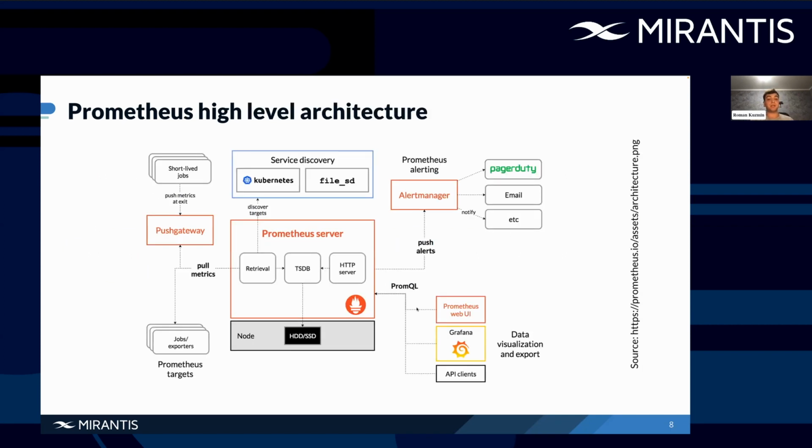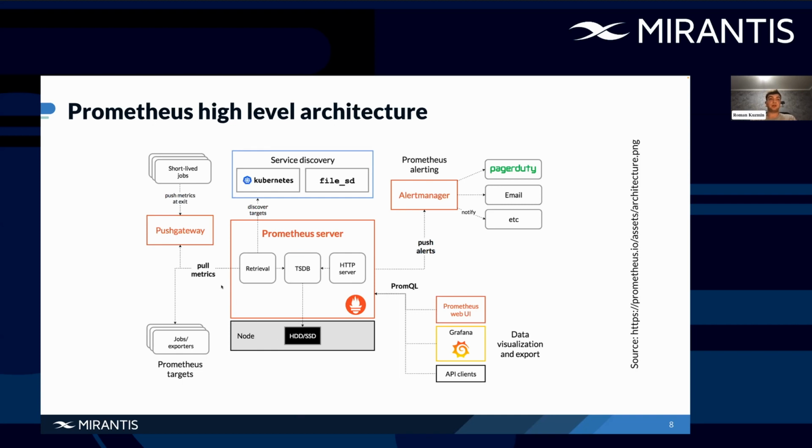On the slide, you can see the Prometheus architecture diagram on a high level of abstraction. The interesting thing about Prometheus is that it's using the pull model and not the push model. That means that Prometheus collects metrics from services, and not vice versa, not services sending metrics to Prometheus.